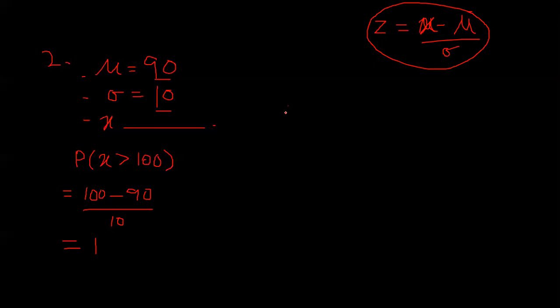So P, X greater than 100, is equal to P, Z greater than 1.